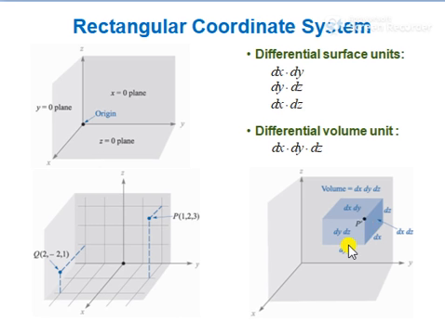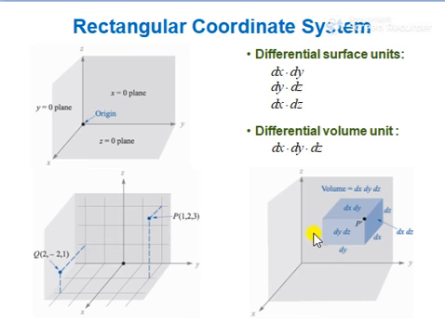Totally, the length increased is given by dx plus dy plus dz. That is the total differential length, adding all the differences.